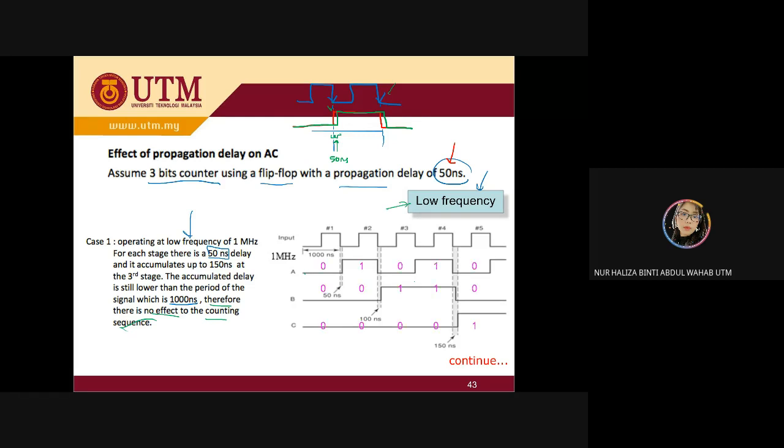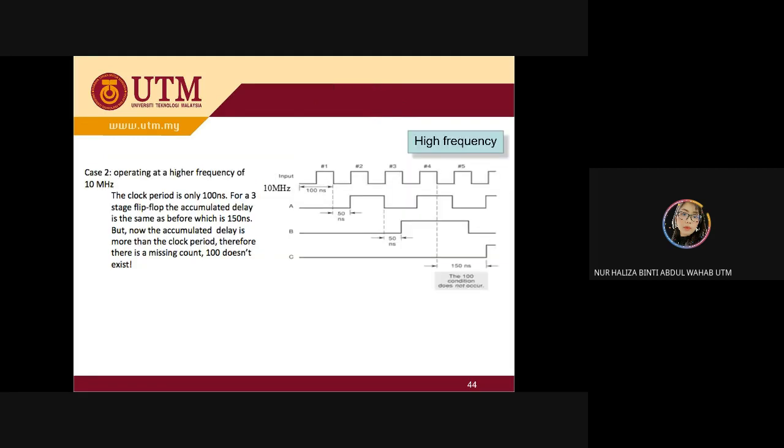You're going to have a similar value at this specific cycle. At this specific cycle, your value is similar on your counting. But if you have high frequency, your delay is still 50 nanoseconds, but you have 50 megahertz, which gives a period of only 100 nanoseconds.